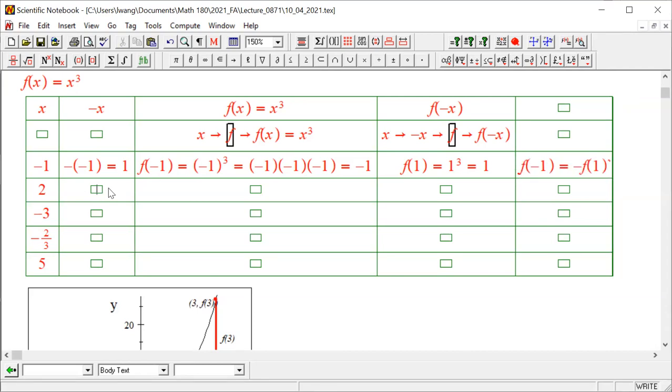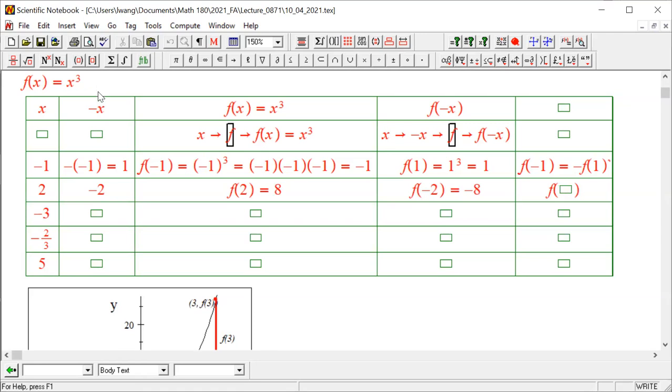So for 2, the opposite is -2. And of course, you guys are getting f of 2 equals 8. What is f of -2? Equals -8. So whenever the inputs are opposite, their respective outputs are opposite as well. How do we express that relationship?